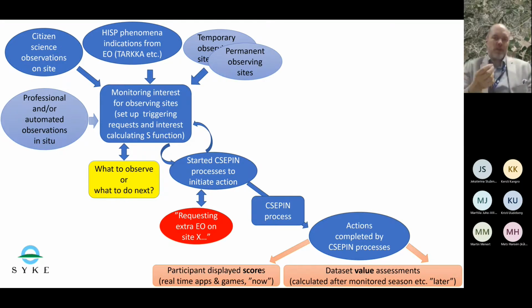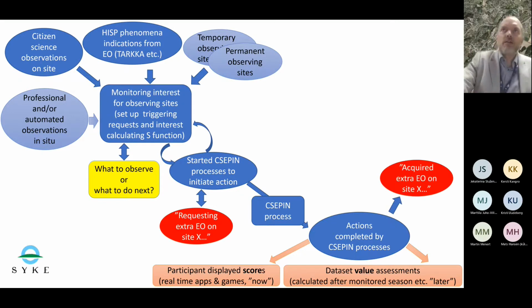We could arrange it so that if there are requirements from the local administration that, okay, this is an area from which we would like to have, for example, an ice eye image, they could use HISP and the text there to state that this is an area worth taking an image of, or there could be a special form for submitting such requests by local municipalities or local rescue workers and so on.